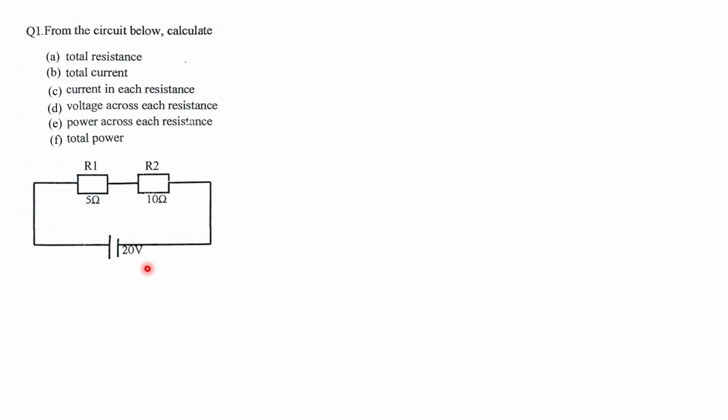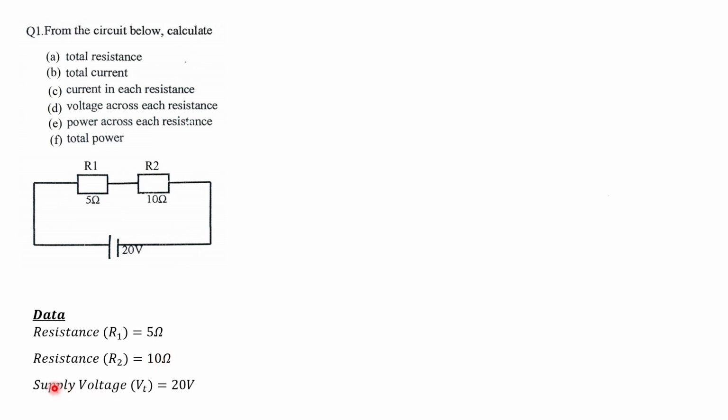First thing we are going to do is write our data down. We have resistance R1 to be 5 ohms, resistance R2 to be 10 ohms, and our supply voltage, VT, to be 20 volts.